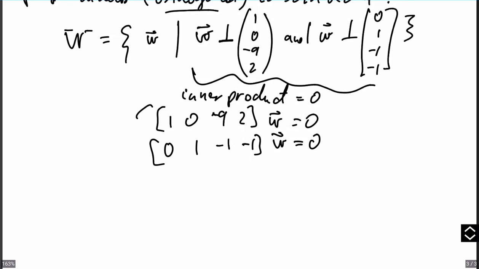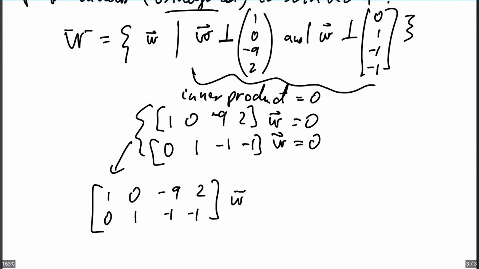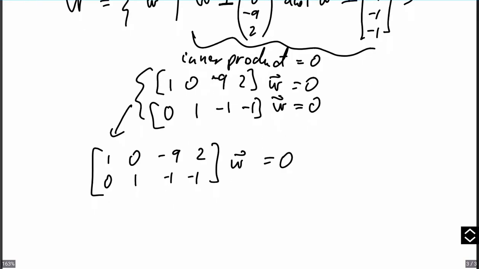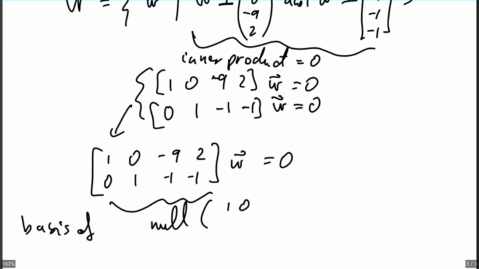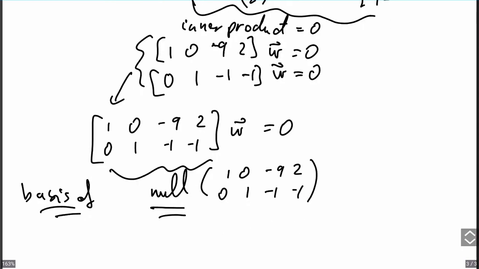If we collect these two equations together, we get the matrix with rows (1, 0, -9, 2) and (0, 1, -1, -1), times W equals 0. So actually we are looking for the basis of the null space of this matrix. And we did this exercise before, how to find the basis of a null space.